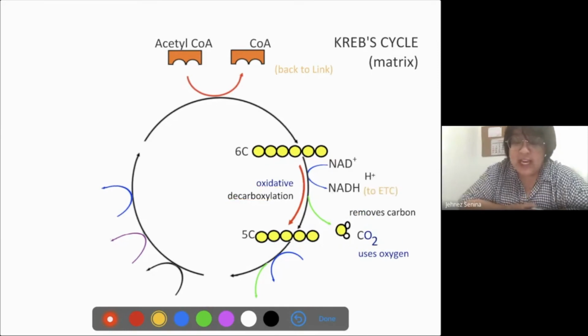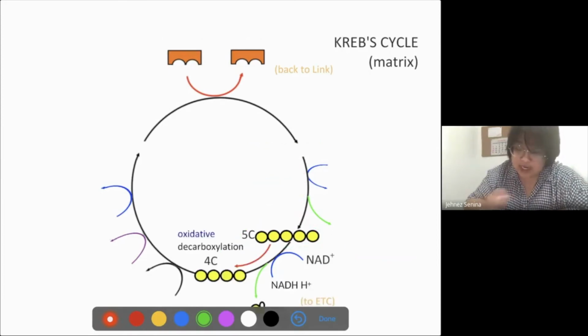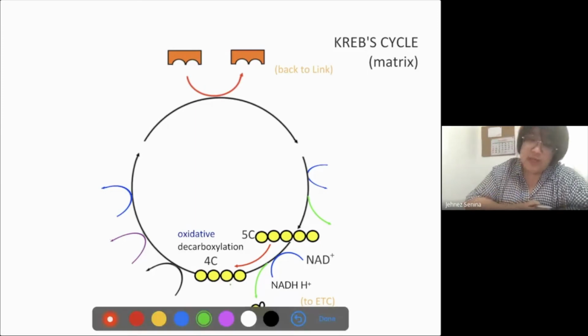It means NAD plus will be reduced to NADH. Next, this 5-carbon molecule right here will undergo decarboxylation again and oxidation to form a 4-carbon molecule, CO2 right there, and NADH plus H plus.